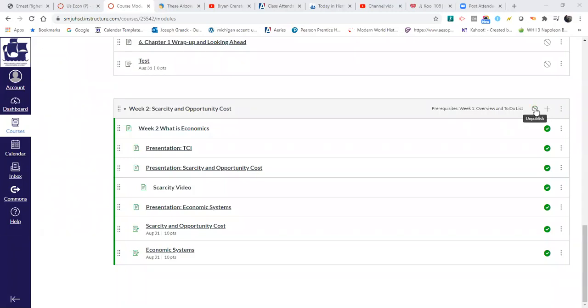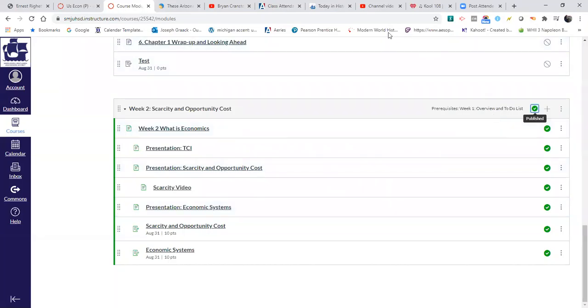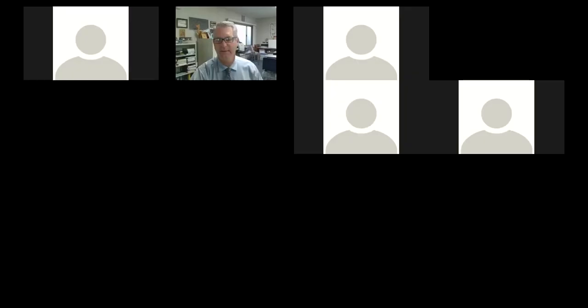So Ern, I'm going to unpublish and then publish again. Log all the way out, and then log back in and it should be open. See what that says at least. Now we may have to clear some things, but I think that would work.